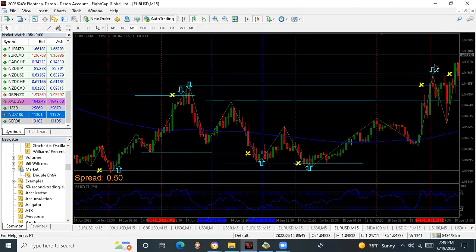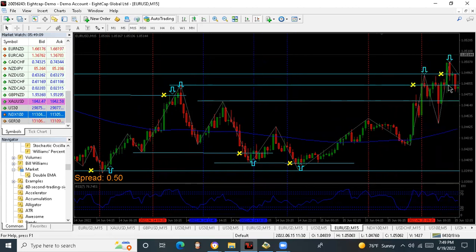Okay. And then boom, this candle closed. We're getting in. Okay. Targeting, we have a low, higher low, higher low. Okay, so conservative target here.